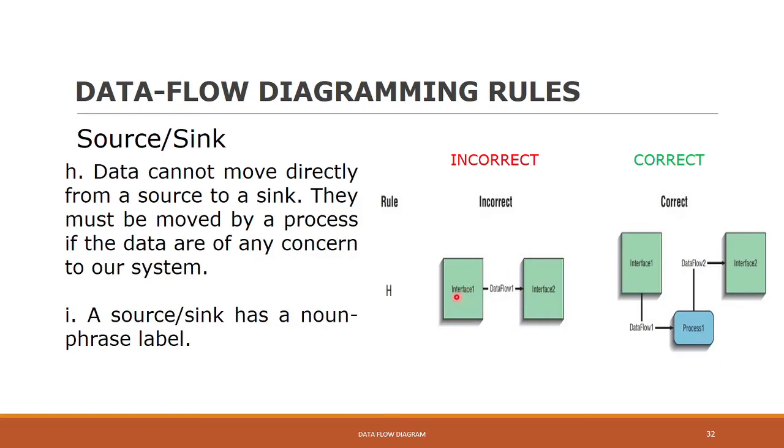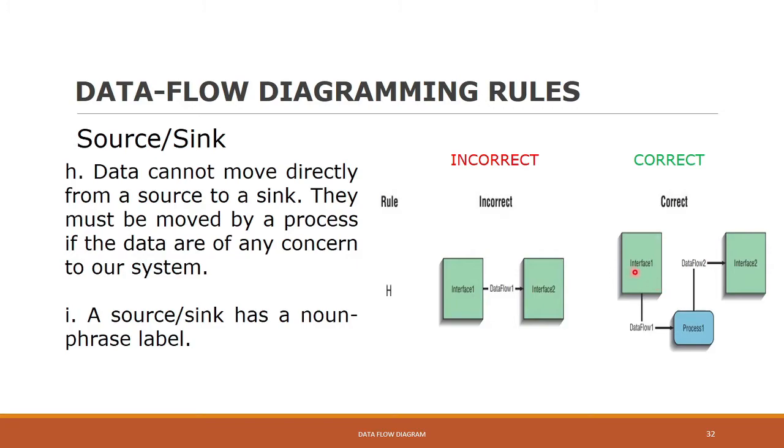Earlier we have already tackled this one about entity to entity. So this is correct. This is an incorrect example of an entity to entity. Of course, your entity must first go to a process before going to your sink.